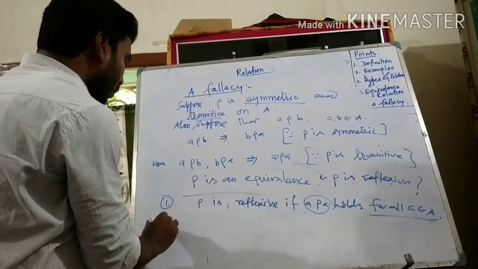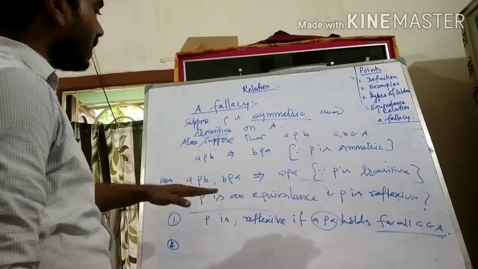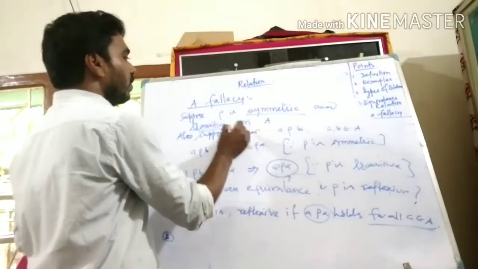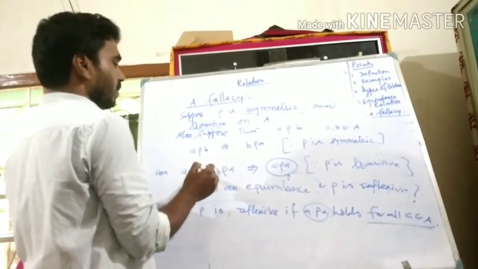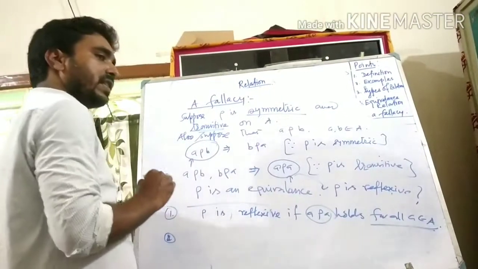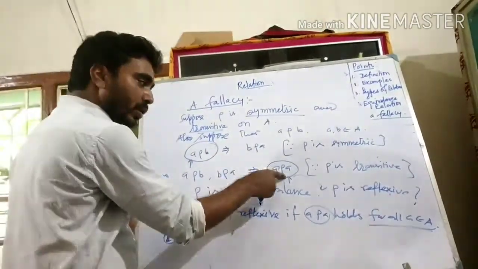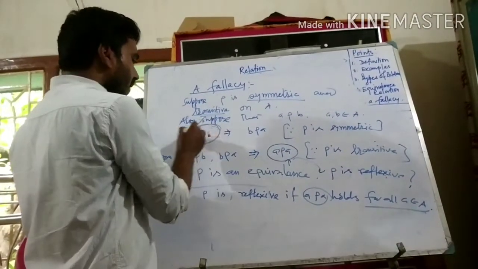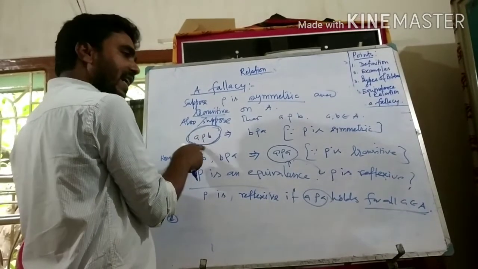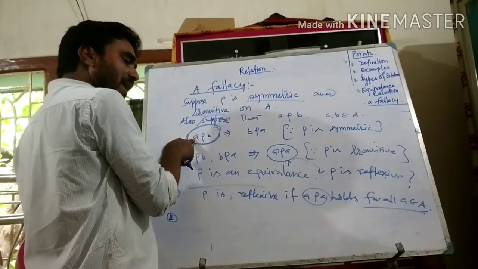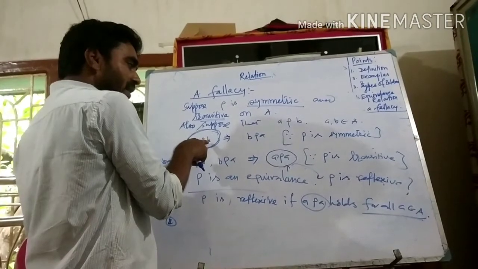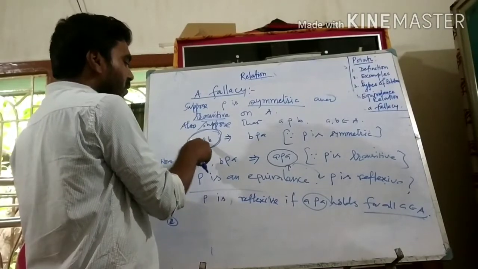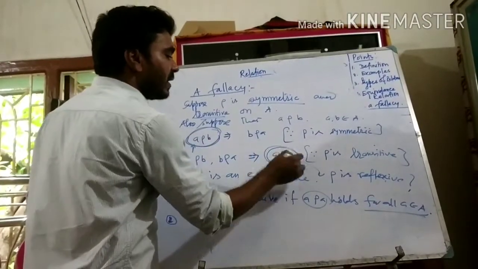And point number 2 is that here we are getting this relation on the assumption that there is a relation between A and itself only if there is a relation between A and B. That means for the element A, if we get another element on the set A such that there is a relation between A and B, then only we can get this portion.